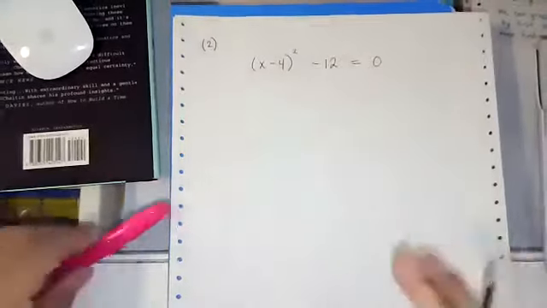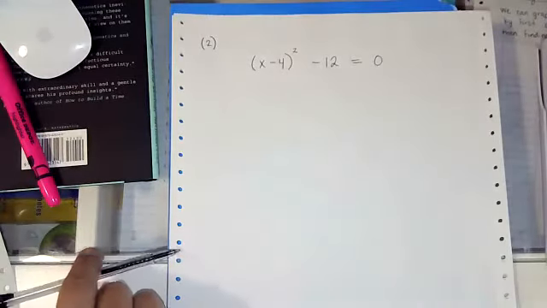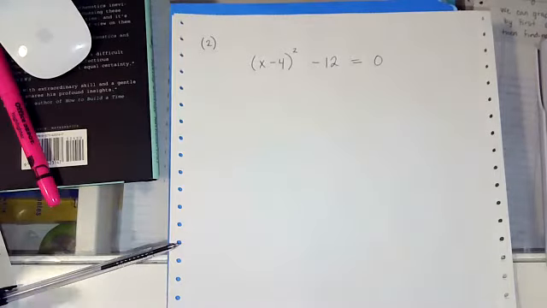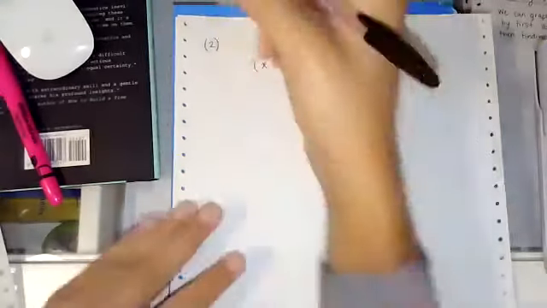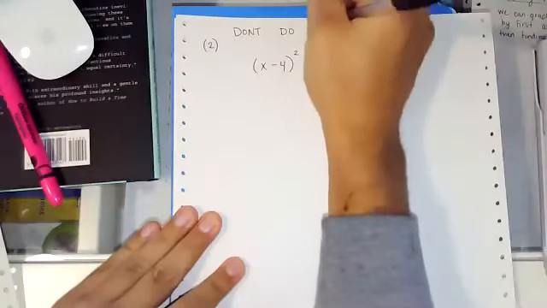Okay, we want to solve this using the square root property. And maybe the first mistake that some students make is they want to just jump into this problem. So let me write this note. Don't do this.